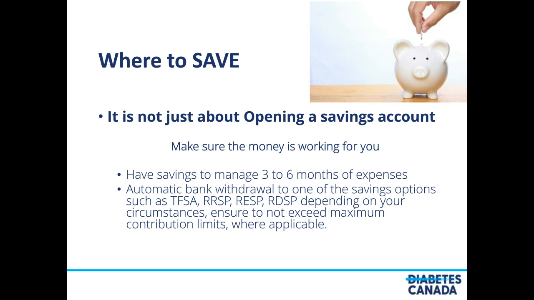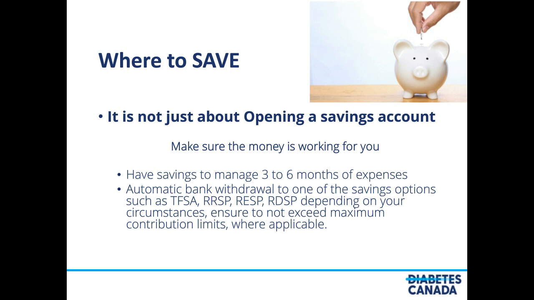Now, when you go to the bank to set up that savings account, there are several different types of savings accounts that you can set up. Ask the bank what the fees on the account are, and also what you can do to actually make sure that you commit yourself to having savings going into it on a regular basis.